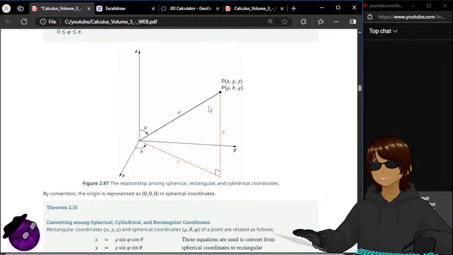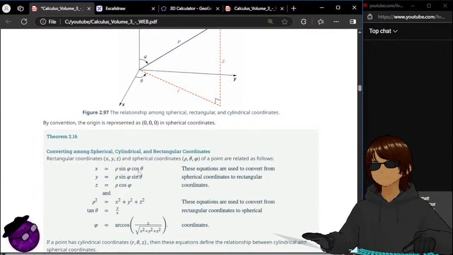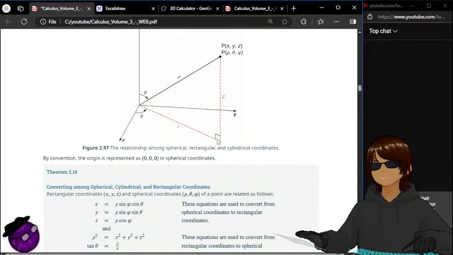So this angle between rho and z is phi. So find rho sin phi, which is r, and then cos theta of that gives the x value.